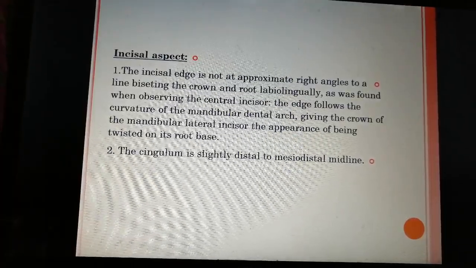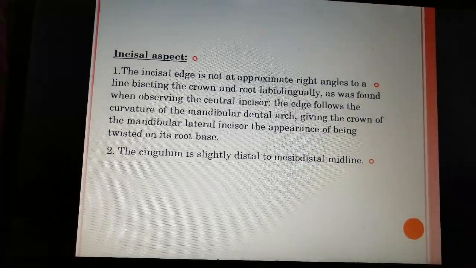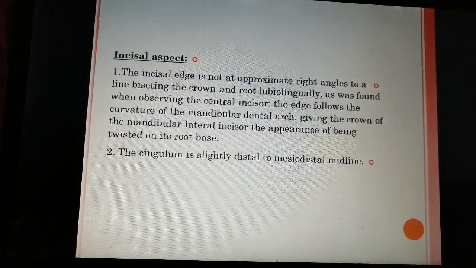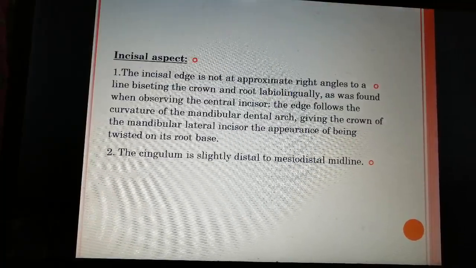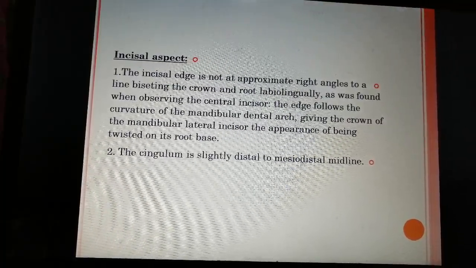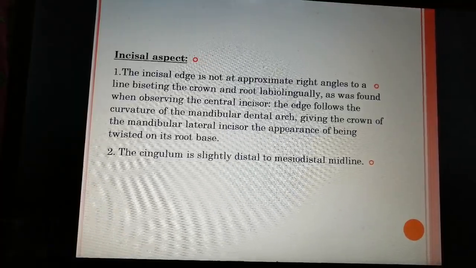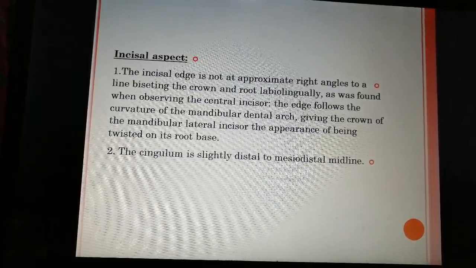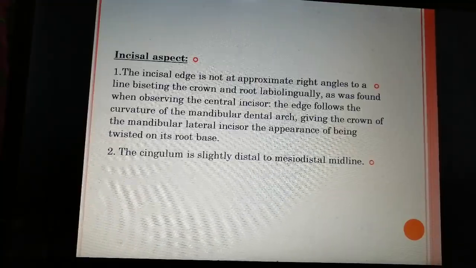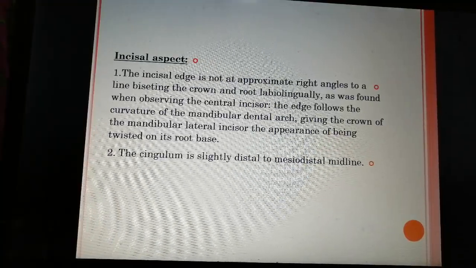For the incisal aspect, the incisal edge is not at approximate right angles to a line bisecting the crown and root labiolingually, as was found when observing the central incisor.